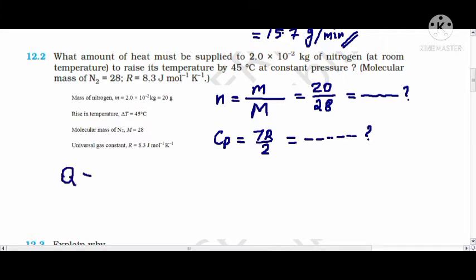Q is equal to n Cp delta T, where n is the number of moles, Cp is the specific heat, and delta T is the change in temperature. The question says that the rise in temperature is 45 degrees Celsius. So you substitute the values, simplify, and you get the amount of heat required to supply, approximately 934 joule.